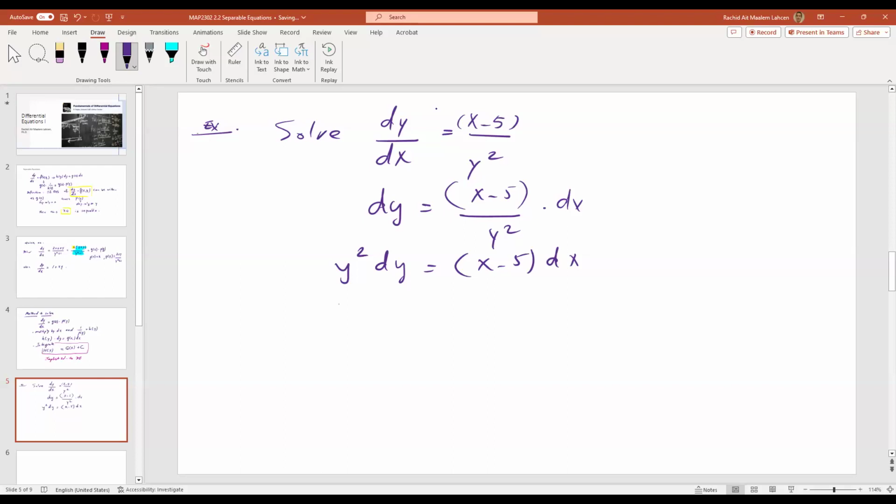Then you're going to integrate both sides. And you expect, as mentioned, a constant here and a constant here, which you will combine both as one constant of integration.